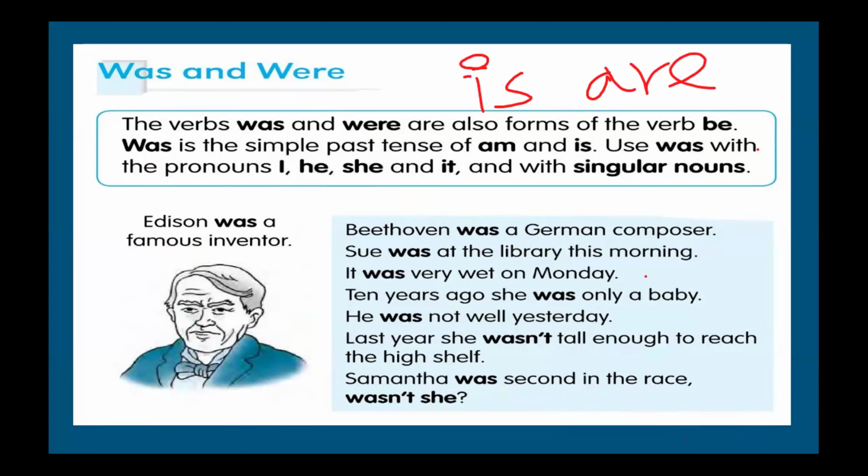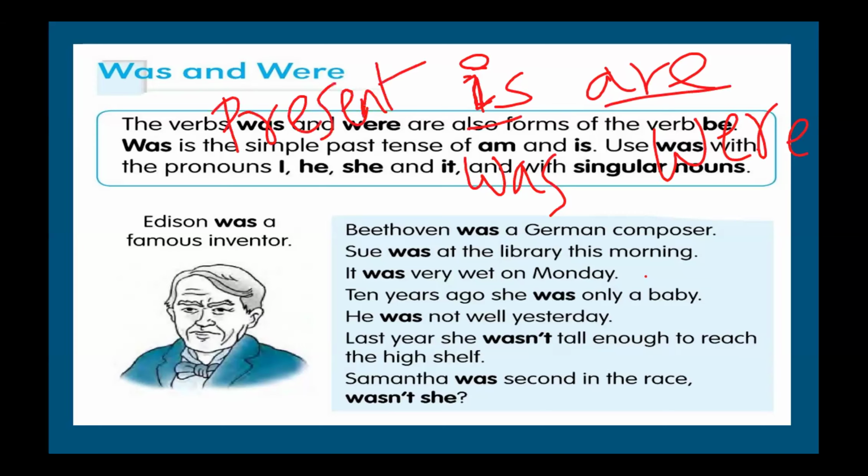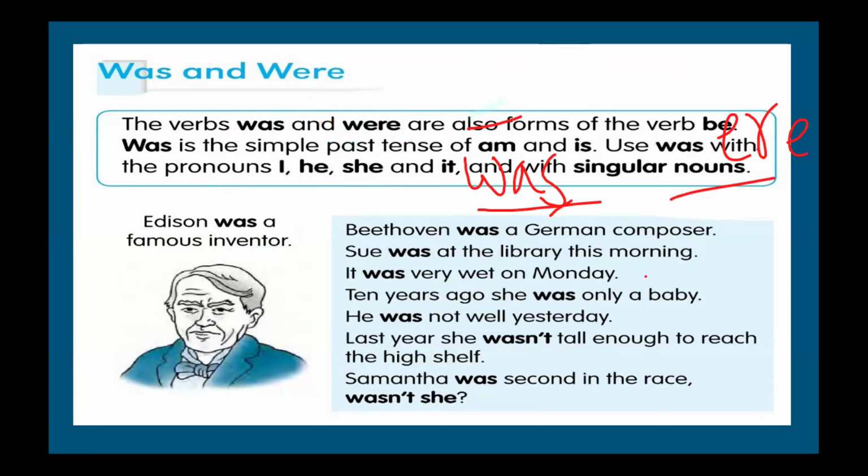Is, am, are are the helping verbs of the present tense, and was, were are the helping verbs of the past tense. Very good. Excellent. Is and are are used with present tense, and was and were are used for the past tense. Have you understood? What is the past tense form of is and are? Was and were. Very good. Excellent. Well done.